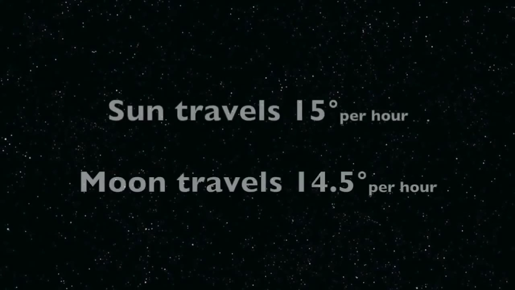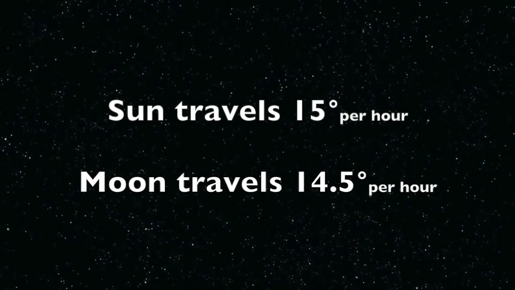So the sun moves 15 degrees per hour, but the moon is slightly slower. It only moves 14.5 degrees per hour.